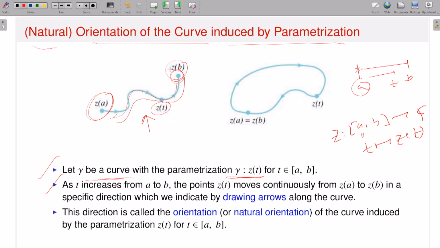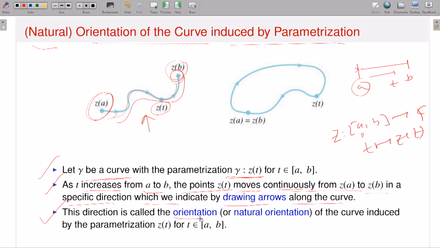Okay, so that's exactly what I have written. As t increases from a to b, the point z(t) moves continuously. Continuously means that if I have a smooth curve, z(t) is differentiable and the derivative is continuous. So the point z(t) moves continuously from z(a) to z(b) in the specified direction, which I indicate by drawing arrows along the curve.